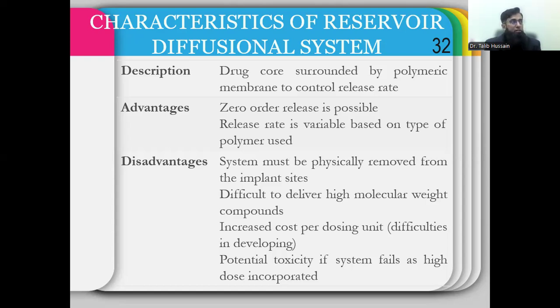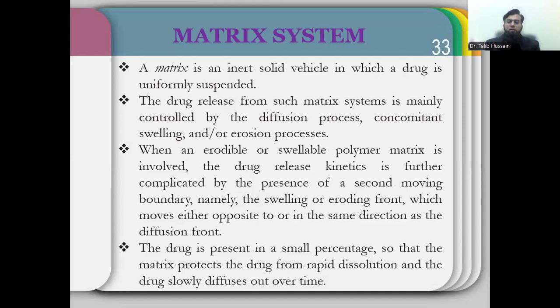So as the TDDS system has a higher cost, there could be a potential toxicity of the system as we have added multiple doses in a single system. So potential toxicity will be there if the system fails or is administered by breaking the tablet. The system can release a high dose or a toxic dose that can cause potential toxicity.